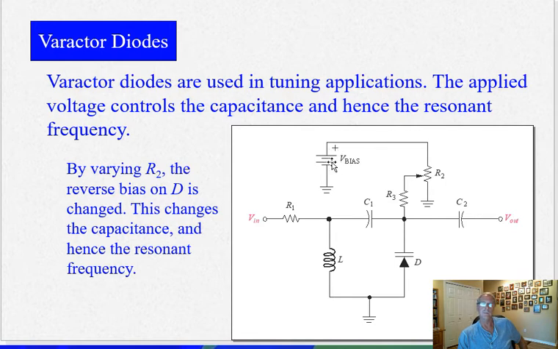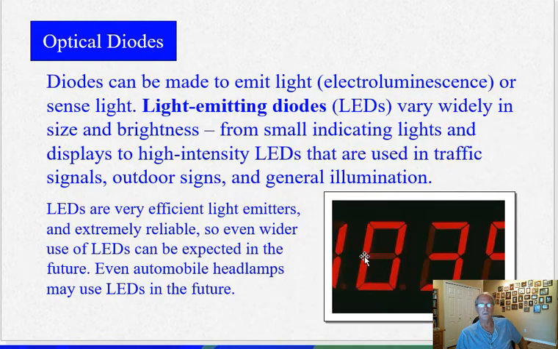And here's the bias voltage. So you get the positive terminal on the cathode of the varactor diode, so therefore it's reverse biased. Now, as you change this resistance of R2, it changes the bias voltage on the varactor diode, therefore changing the resonant frequency. So you basically have a variable voltage-controlled resonant circuit.